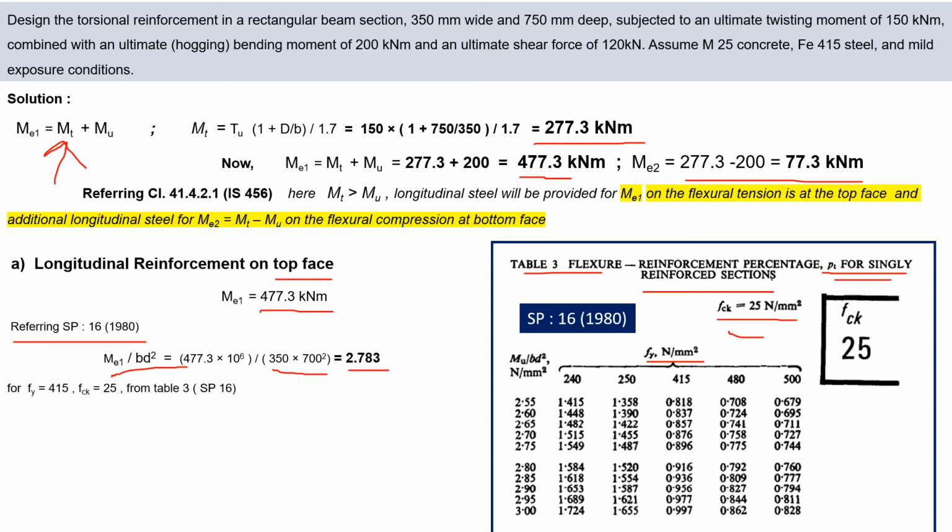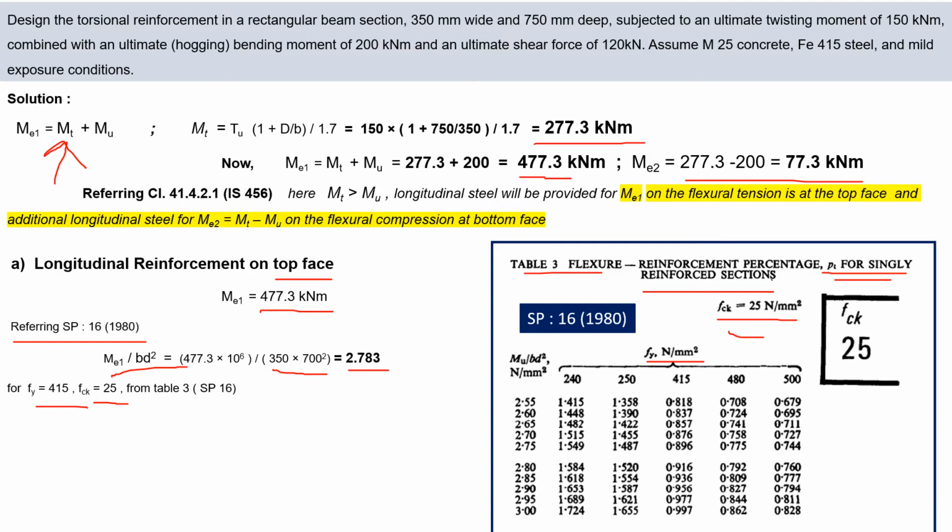Ultimately we get this factor ME1 by bd square equal to 2.783, and fy is 415 and fck is 25.